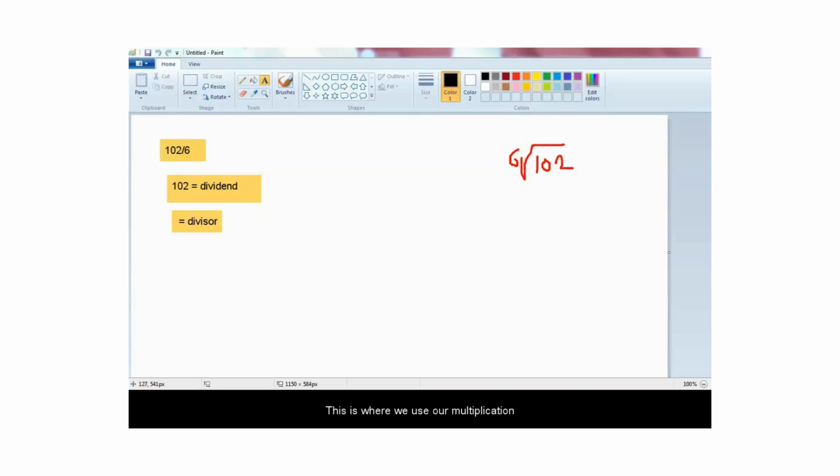This is where we use our multiplication. 6 multiplied by what equals 10? Let's check this out.